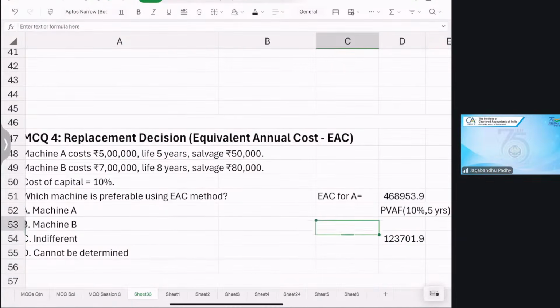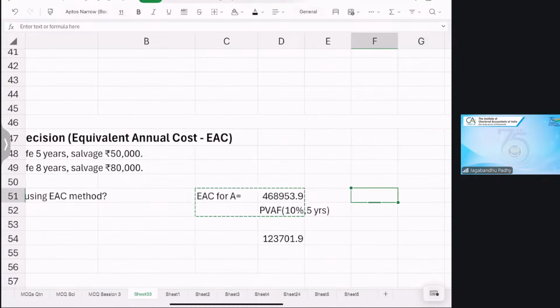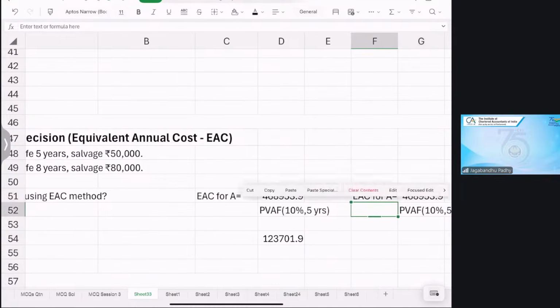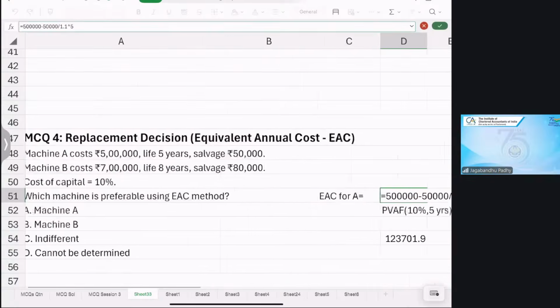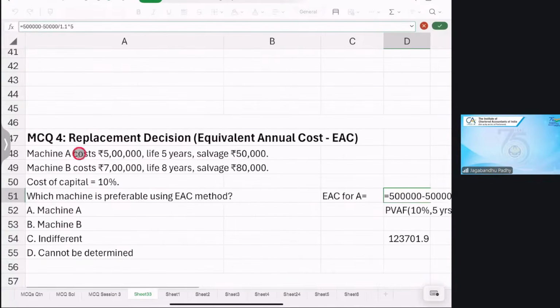It is this number, and same way you can calculate the equivalent annual cost for B. Sir, how did we get that 4,68,953? That's initial 5 lakh minus present value of salvage.